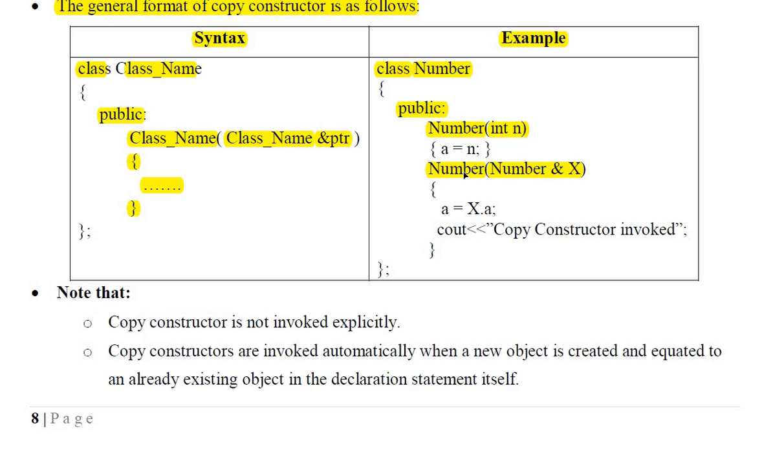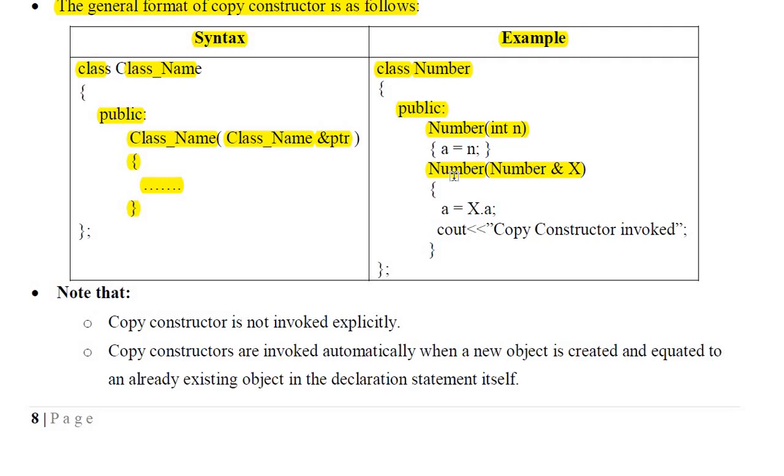In this second constructor we are using the parameter Number &x, but this is not a normal variable, this is an object. So in this second constructor function we are not using a normal variable, we are using a class and object. So this will become a copy constructor.